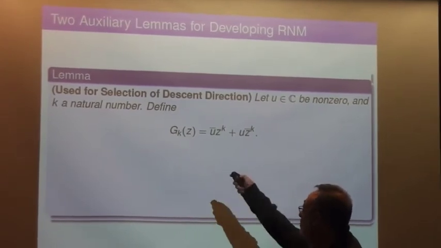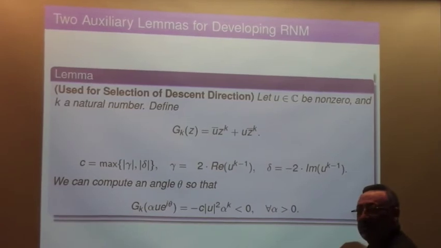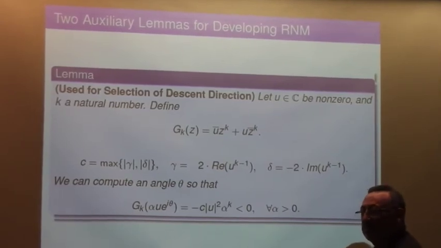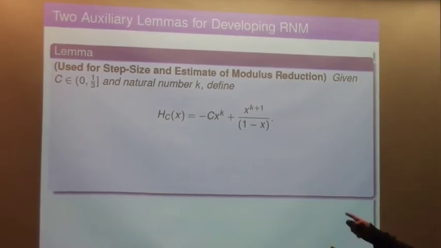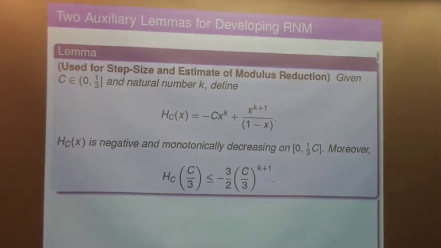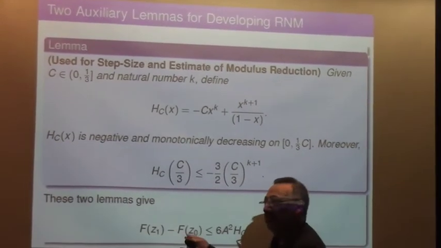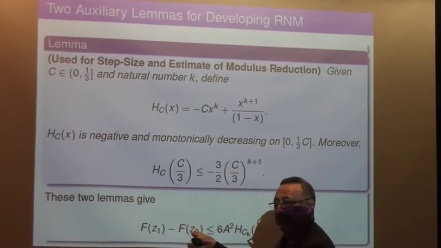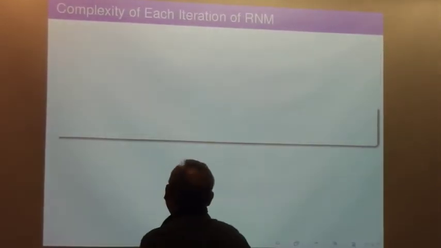But it also uses these two auxiliary lemmas, which are really like calculus lemmas. The next one says you have this function. And essentially, I want to get a capability to reduce the modulus. I use these two lemmas. So let's not worry about that.